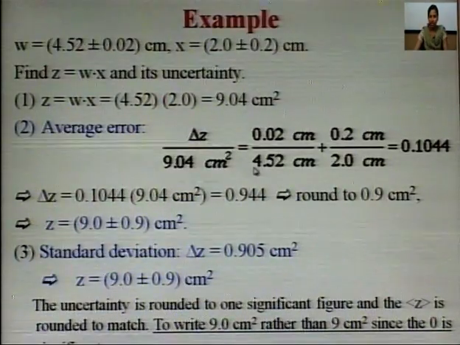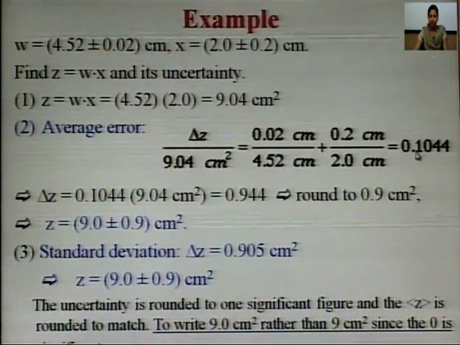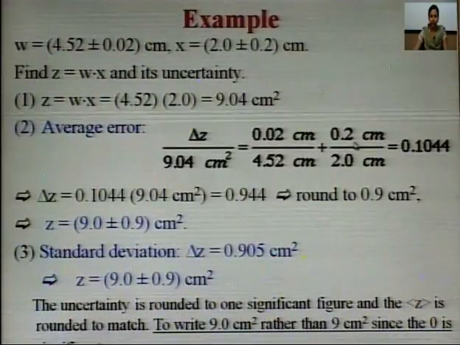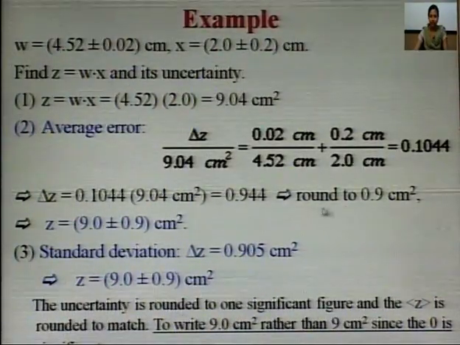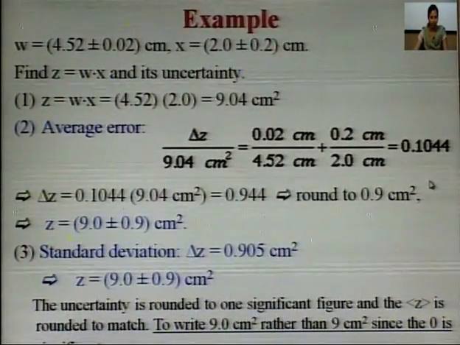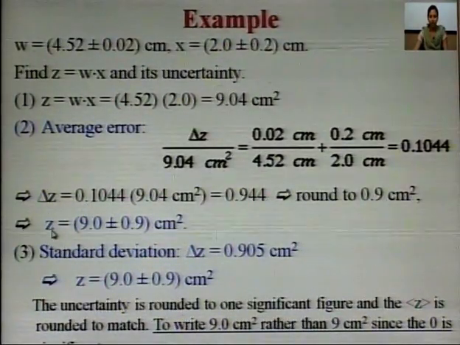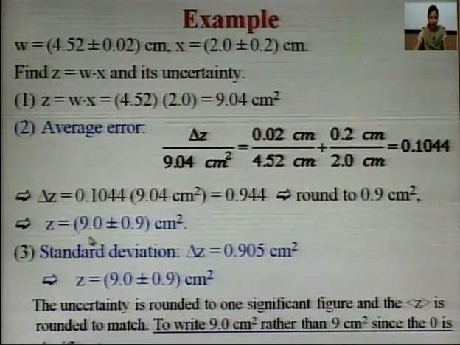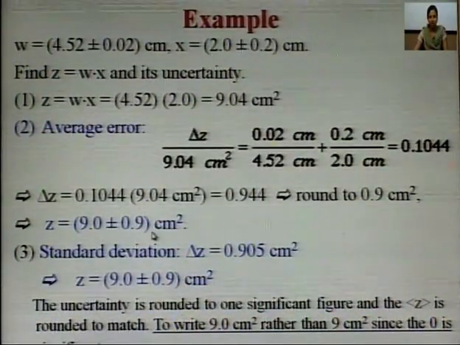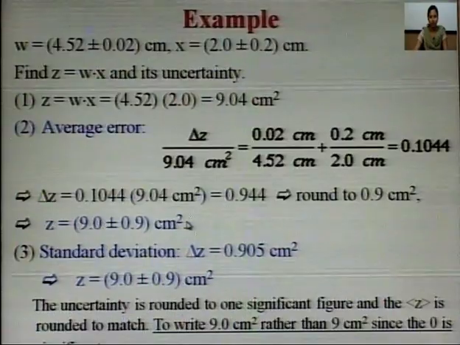So, delta Z is equal to 1.1044 into 9.04. So, delta Z is equal to 0.9 centimeter square. So, physical quantity Z is equal to actual value 9 plus minus 0.9 centimeter whole square.